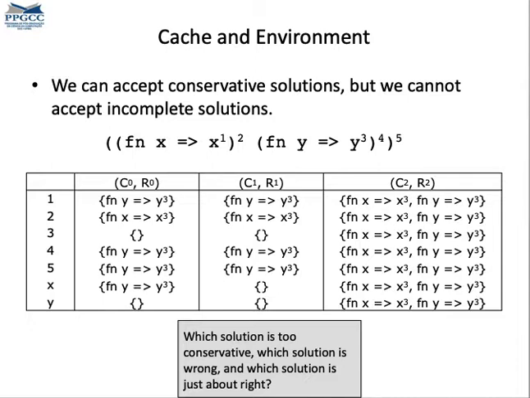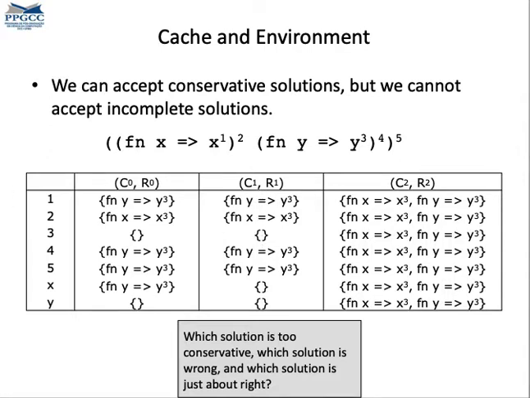The third solution, the one on the right side, is okay, but it's a bit too conservative. Basically, it says that any variable or label can be mapped to any function. It does not add much knowledge to what we knew before. The second solution, the one in the middle, is actually wrong.